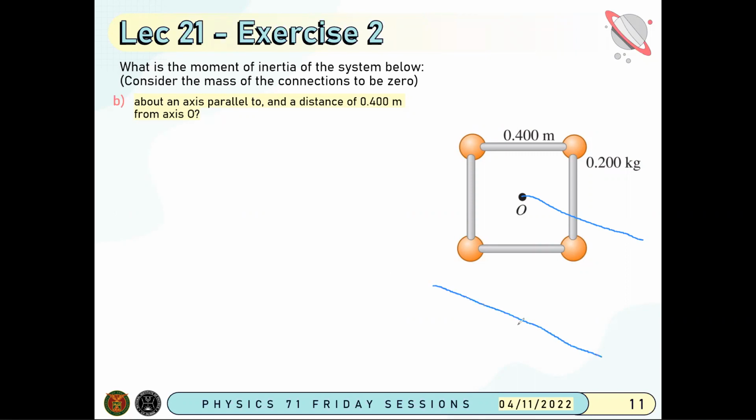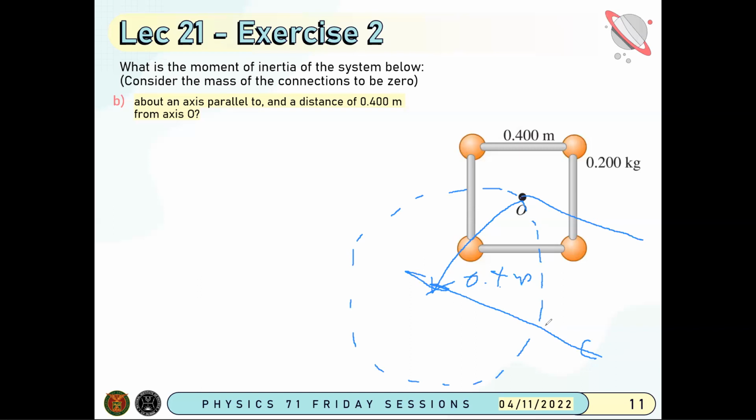So somewhere, let's say here, at a distance of 0.4 meters. So it will now rotate around this. Okay. So this is our new axis of rotation.